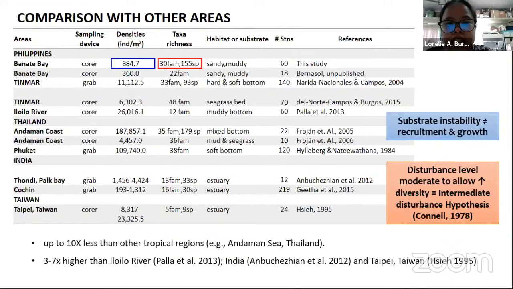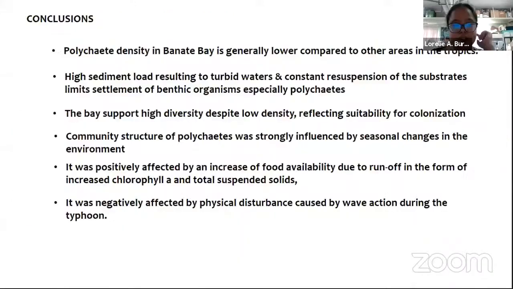That's the high diversity. This is consistent with the intermediate disturbance hypothesis, where disturbances are neither too rare or weak, nor too frequent or intense. So in conclusion, polychaete density in Banate Bay is generally lower compared to other areas in the tropics.